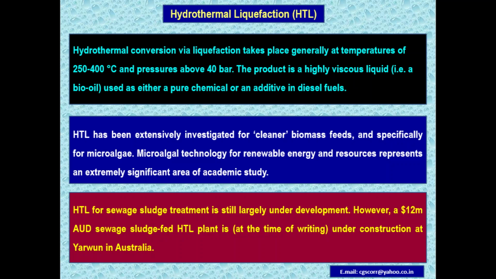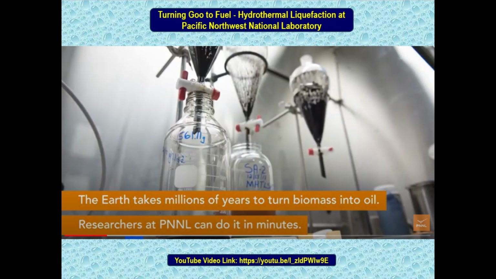However, a 12 million Australian dollar sewage sludge fed hydrothermal liquefaction plant is under construction at Yarra in Australia. This is at the time of writing this article. So this video explains how turning goo to fuel using hydrothermal liquefaction process at Pacific Northwest National Laboratory.